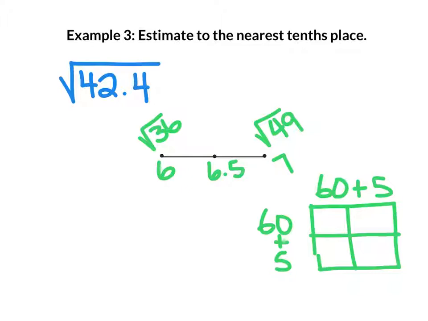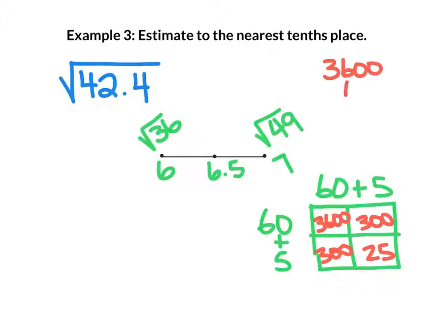So I know that 60 times 60 will give me 3,600. 60 times 5 will give me 300. 60 times 5, 300. And 5 times 5 is 25. Now I'm just going to add those up. I have 3,600, 2 300s plus the 25 gives me 625.